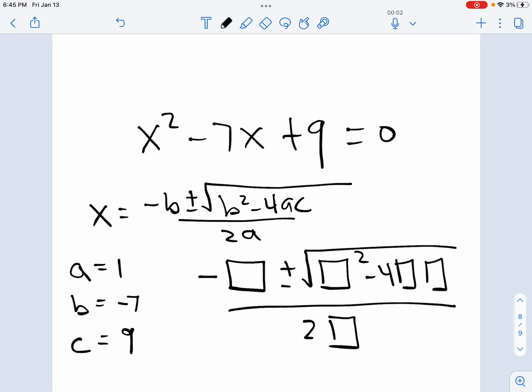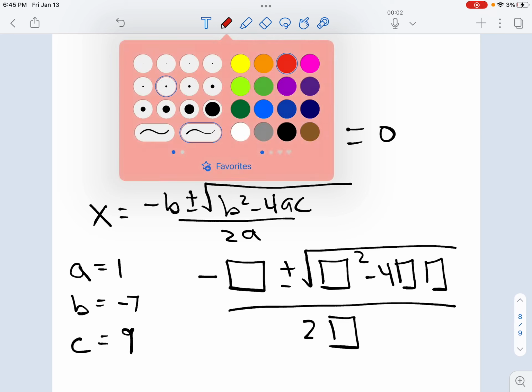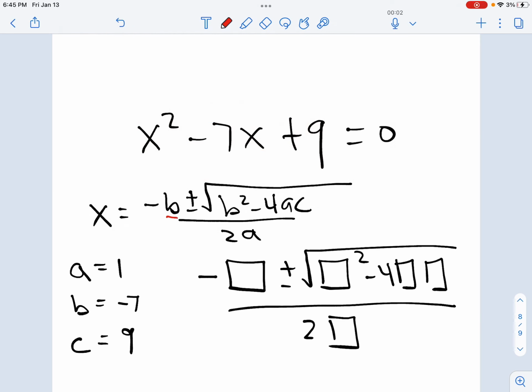So I'm going to replace, in my equation, this negative b, I can write negative 7. Now there's a negative sign here already, but I still have to write the negative 7 because it's a negative 7. All right, here, we're going to put a negative 7 in here. This is a 1, this is a 9, all of that over that.